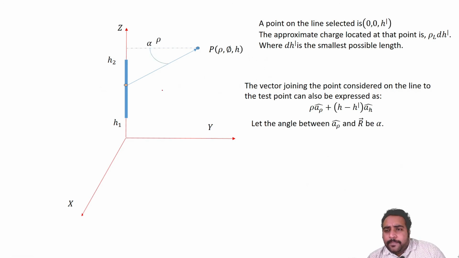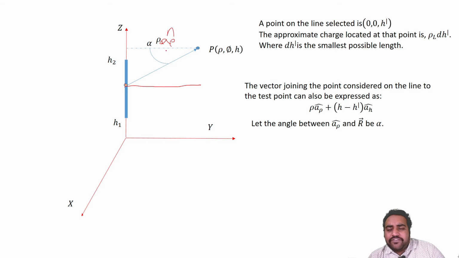Let us look at the angle between the vector joining the given point to the test point and rho arrow cap. This is nothing but rho arrow cap, because I told you when this is rho arrow cap, this is also rho arrow cap.